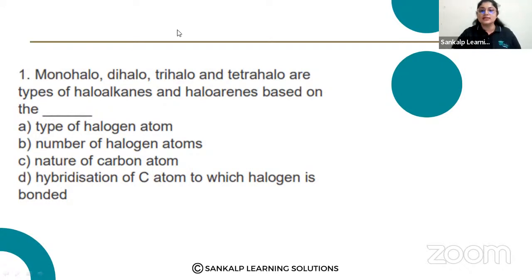What is the answer? Monohalo, dihalo, trihalo, and tetrahalo are types of haloalkanes and haloarenes based on. Please read the question properly. Don't be in a hurry.